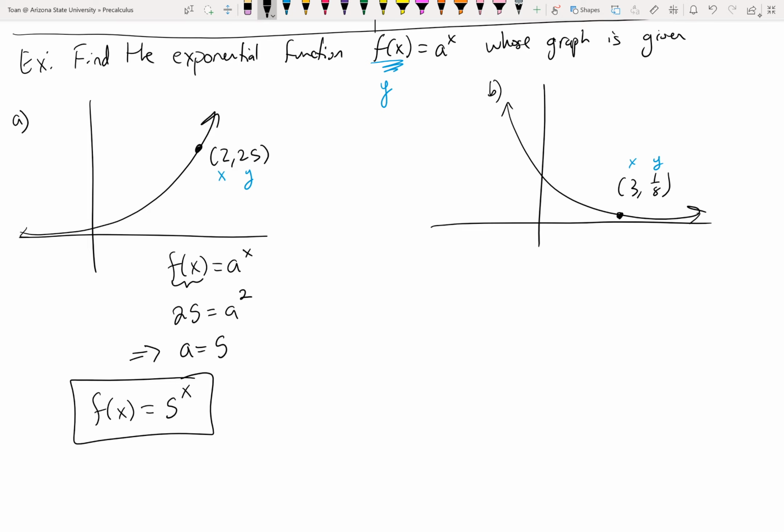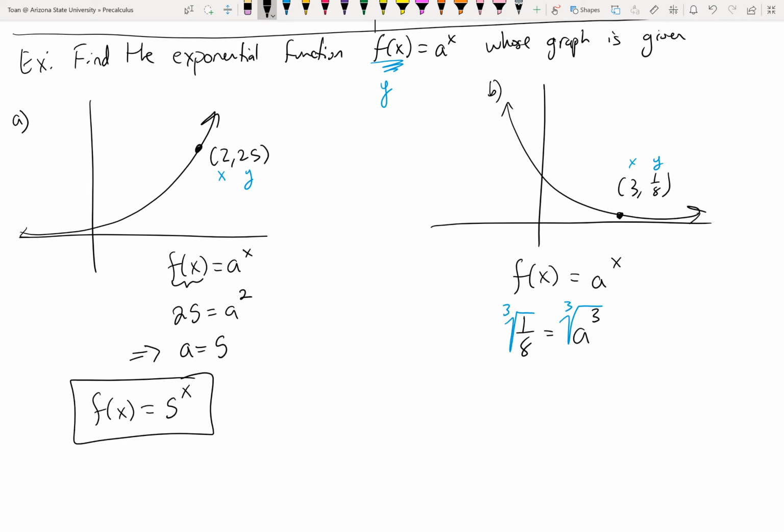And you basically use the same logic in graph B. If I know that the structure is going to be f of x equals a to the x power, that I tell you that the y value is 1/8, and I tell you the exponent is 3, well, you can just solve it straight up if you can't use mental math. If I want to get a by itself, just take the cube root of everything.